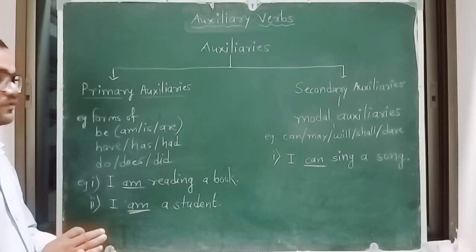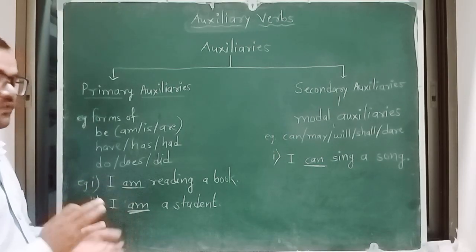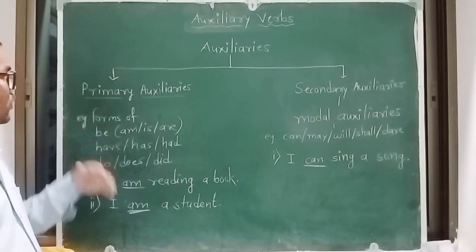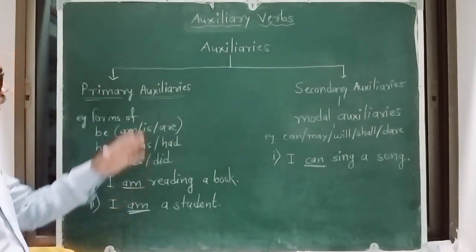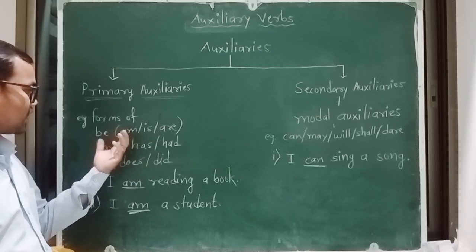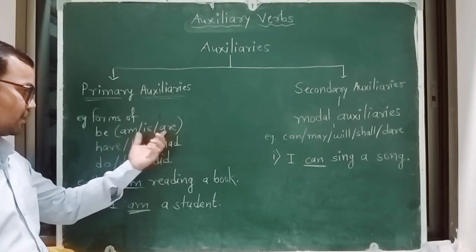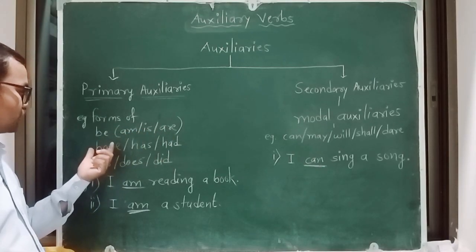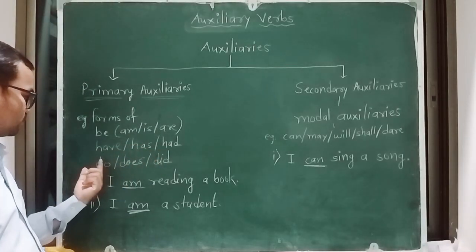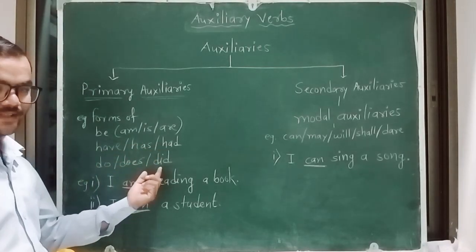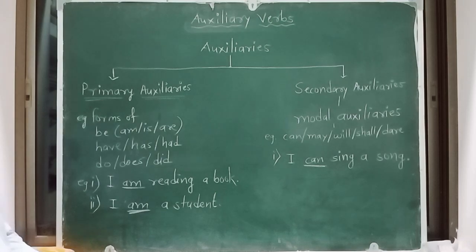So those auxiliaries which can be used as helping verb and main verb, these auxiliaries are called primary auxiliaries. So examples of primary auxiliaries are am, is, are, forms of to be, forms of to have, has, and had, forms of to do, does, and did. So these are the primary auxiliaries.